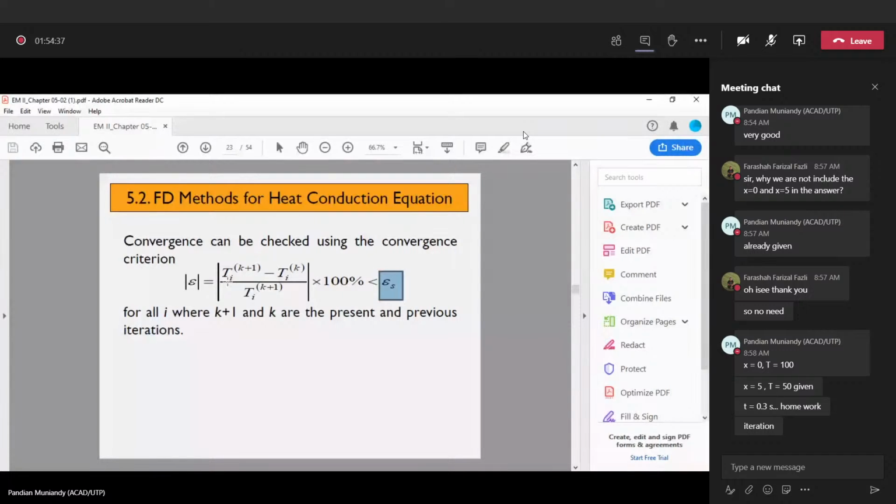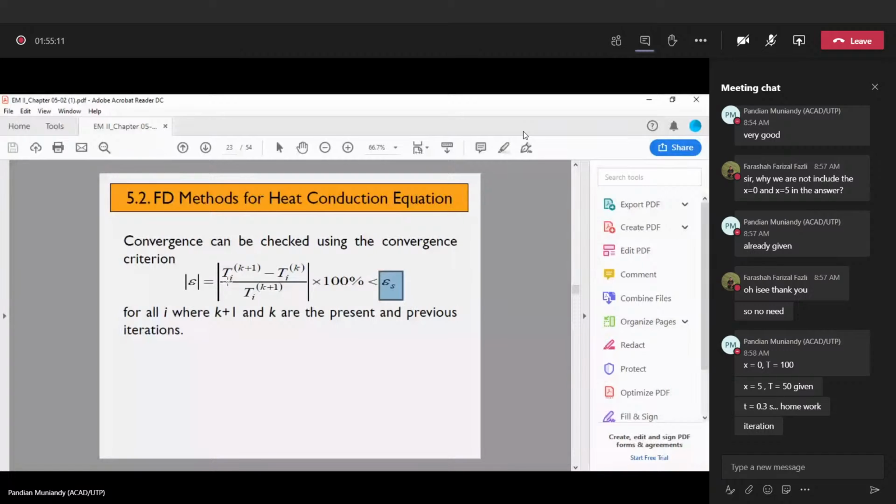Just now you found the temperature at T 0.1 and T 0.2. So this epsilon is for all i, the T1, T2, T3, T4 that you found for all i, where k plus 1 and k are the present and the previous iteration. So k is the previous, k plus 1 is the present. So you can do it for the T 0.2 and 0.1 for each i.